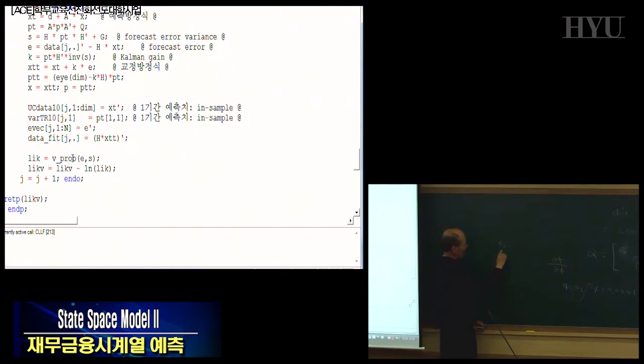You have the error vector, 12 by 1. For simplicity, let's take a look at just these two. Bivariate normal. If this works, then it has to work for that too, right?